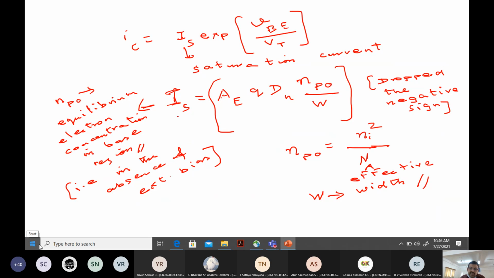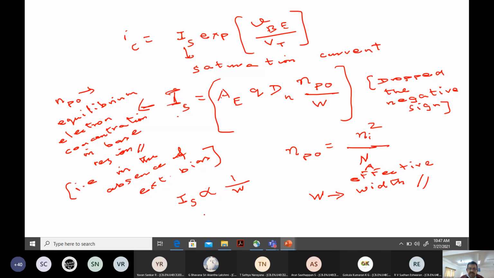Now IS is inversely proportional to W, which means if the base is a thin region, the saturation current will be higher. If the base is wide, then the saturation current will be lower. Now again, you can substitute for this.